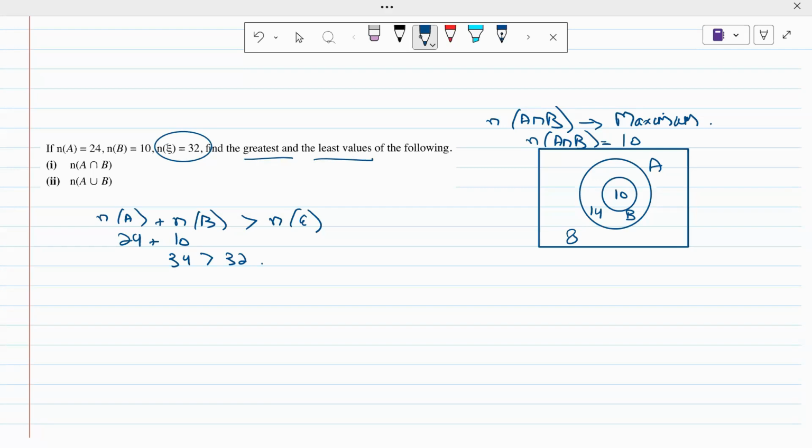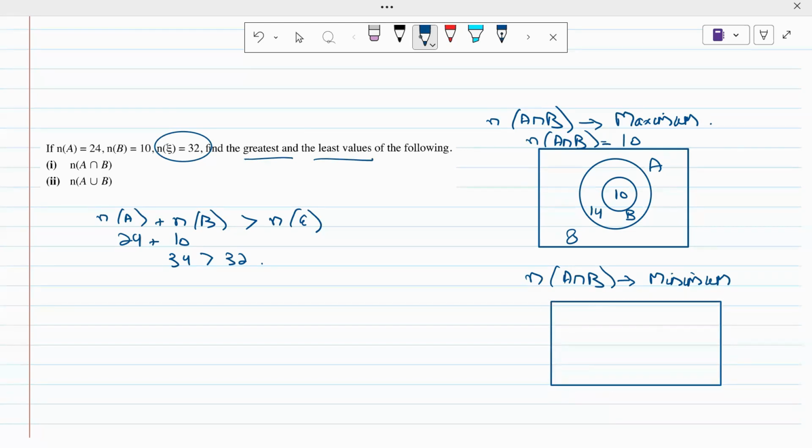And now A intersection B to be minimum. For intersection to be minimum, it would be the case of a small intersection. A small intersection means this one.